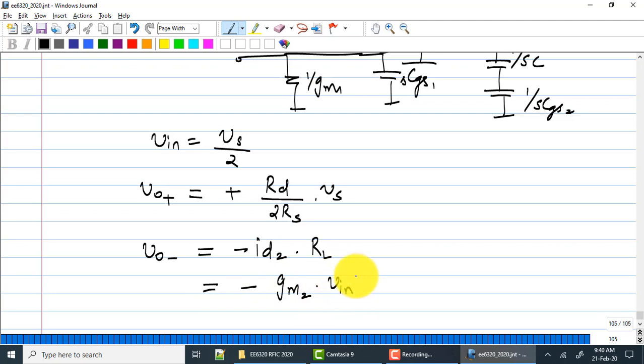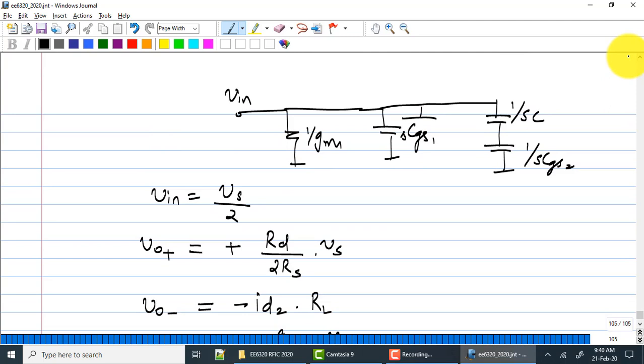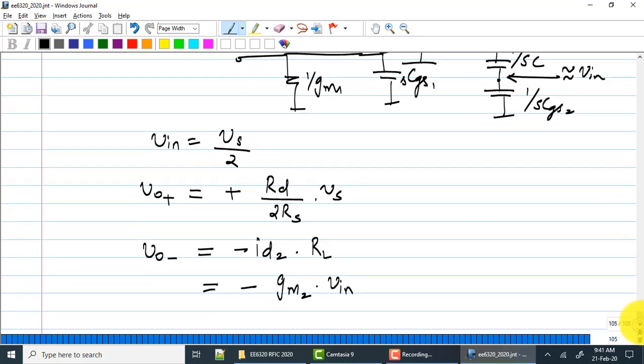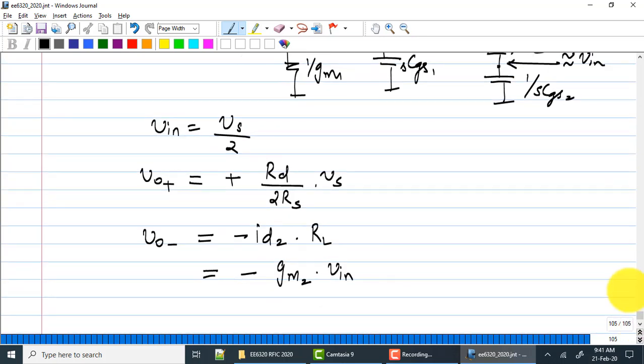You choose capacitance C to be at least 10 times larger than CGS2, so that if you apply Vin, you'll get almost Vin here. In general, you'll get slightly smaller, maybe 10% smaller, so you'll have to increase GM further. I'll just write it as approximately; if you used an infinite cap, you could get Vin right there.